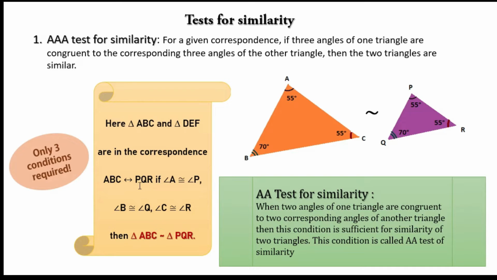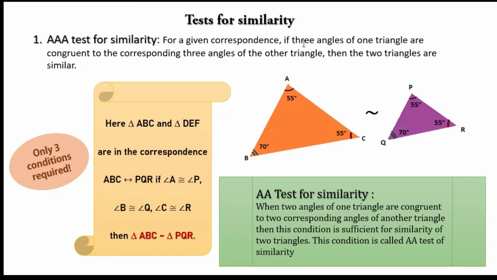This correspondence we already learned in 8th standard. It means vertex A corresponds to vertex P, vertex B corresponds to vertex Q, and vertex C corresponds to vertex R. Similarly, side AB corresponds to side PQ, side BC corresponds to side QR, and side AC corresponds to side PR. This is what the correspondence means.